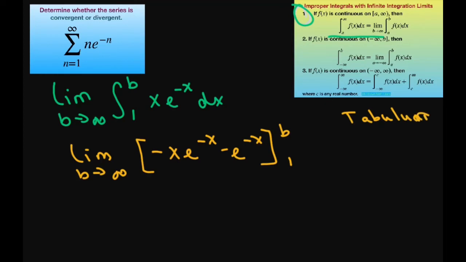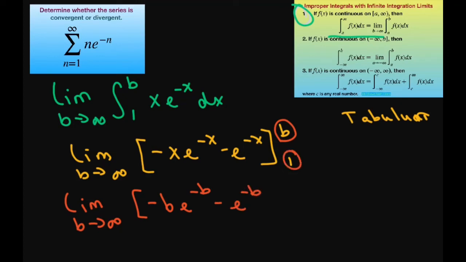All right. Now let's see what we can do. This is going to give us the limit as b approaches infinity, and now let's substitute in b. This is going to give me negative b e to the power of negative b minus e to the negative b power. And then for the 1, don't forget we're supposed to subtract, but two negatives make a positive.